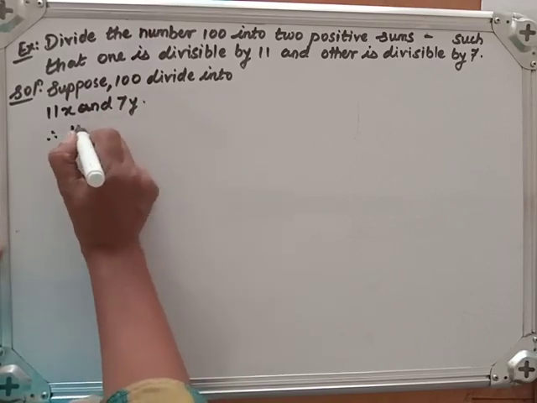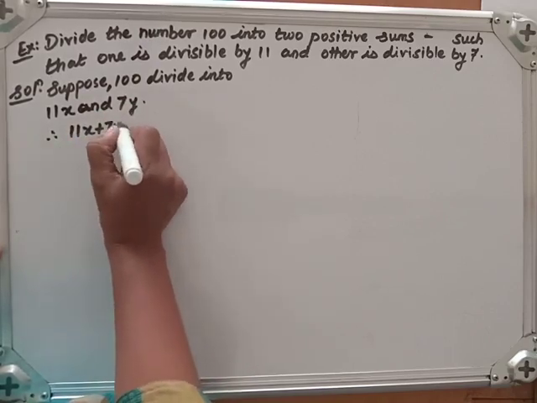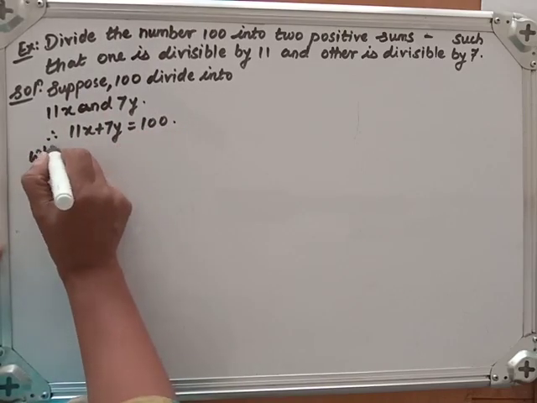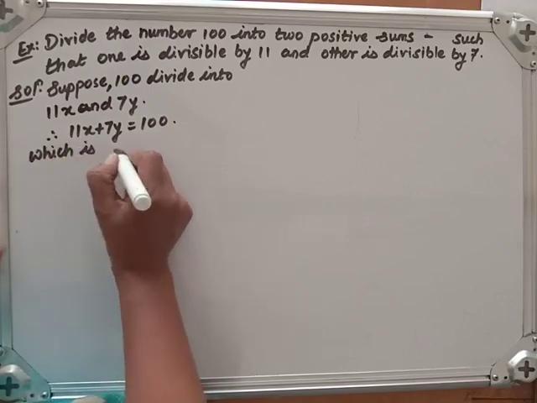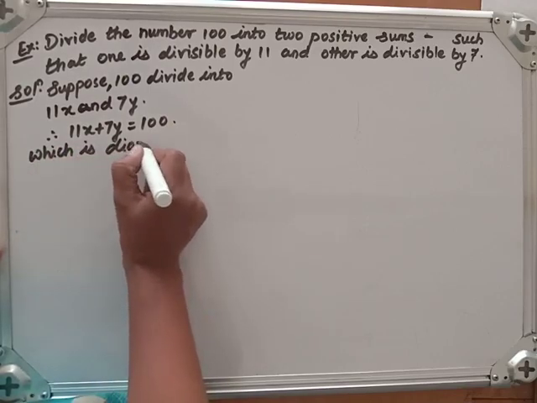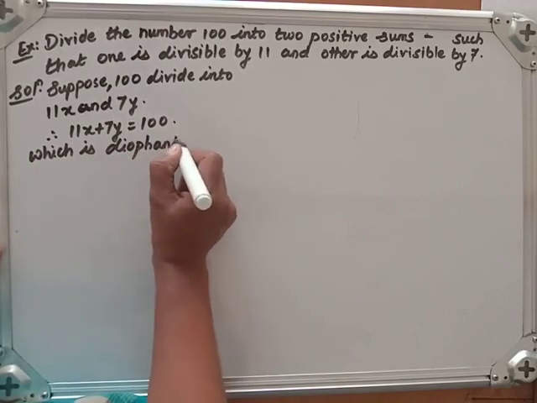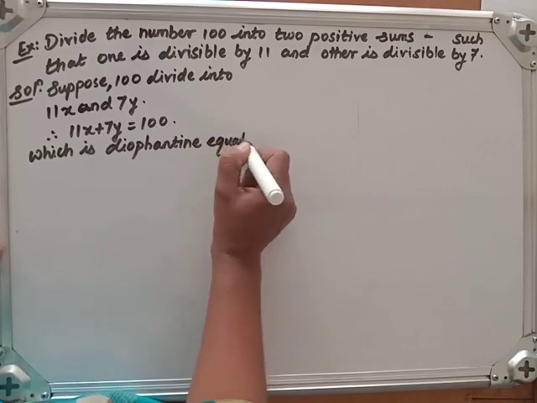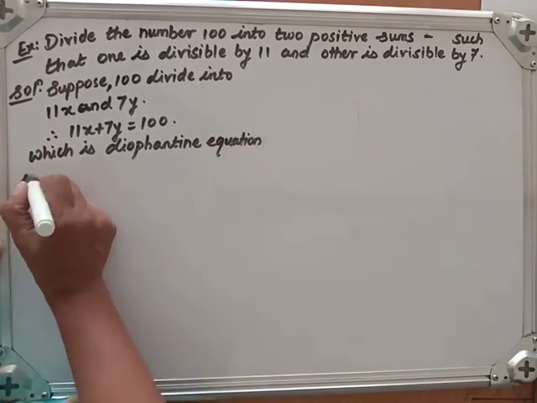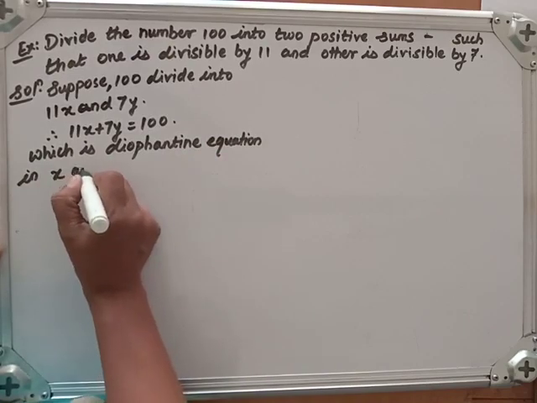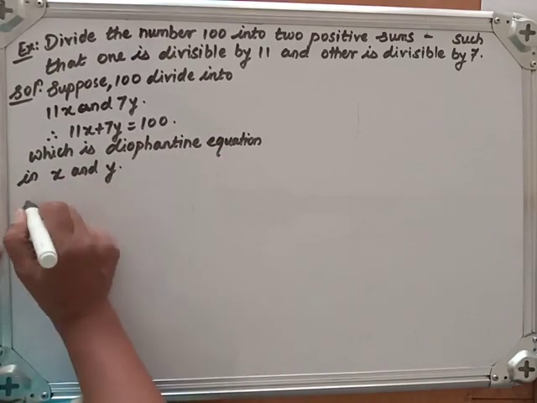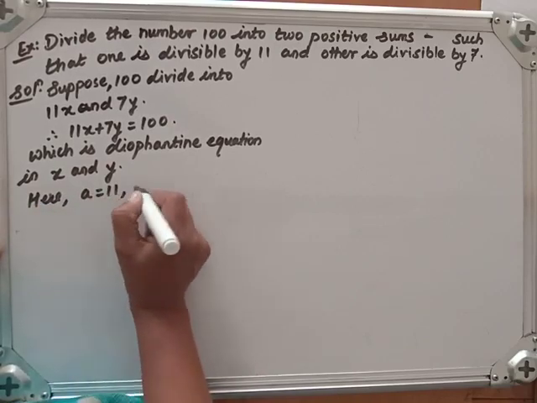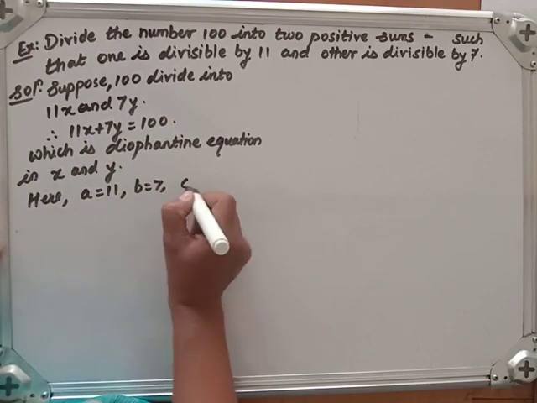Therefore 11x plus 7y is equal to what? 100, which is a Diophantine equation in x and y. Here A is 11, B is 7 and C is 100.